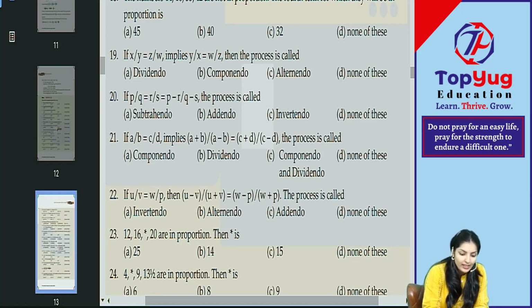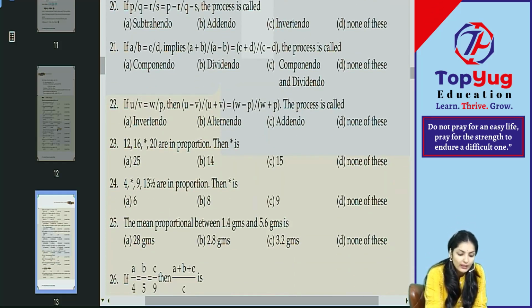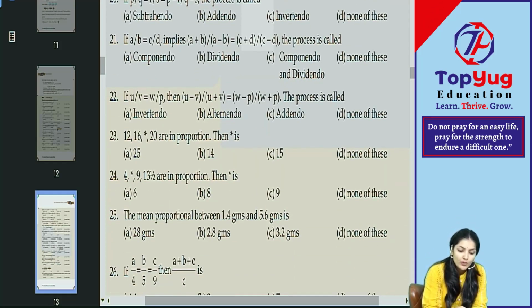Okay. Now 20th one, tell me. 20th one, yes, it is alternendo. Very good. 21st one, yes, very good. It is componendo and dividendo. 22nd one, u minus v.